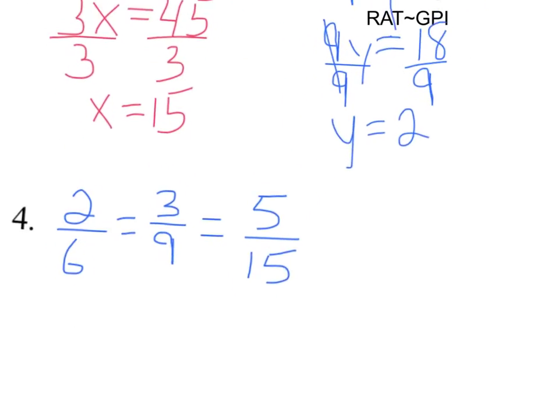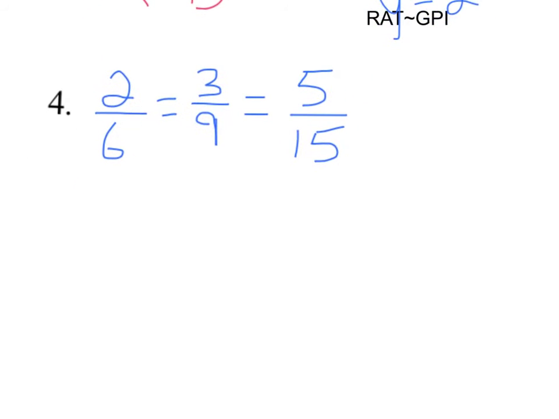We will then use our calculator to reduce these. 2/6 reduces down to 1/3. 3/9 reduces down to 1/3. And 5/15 also reduces down to 1/3.